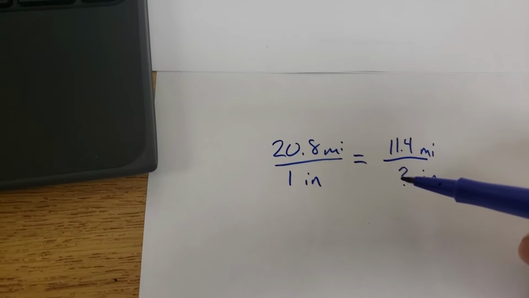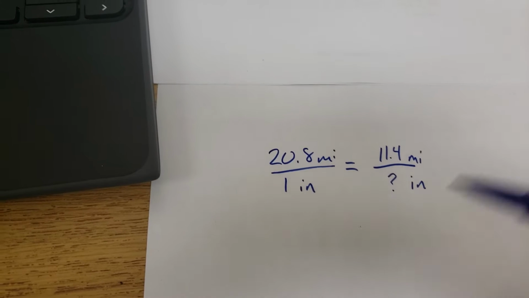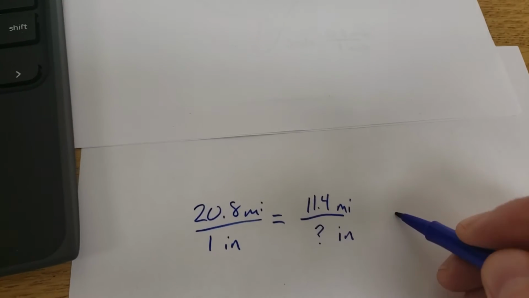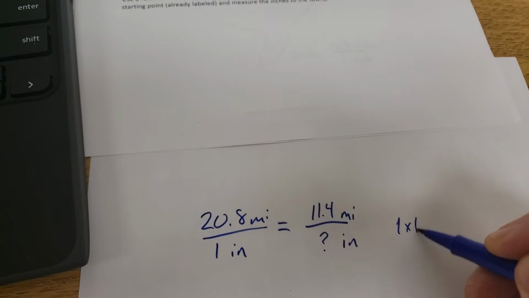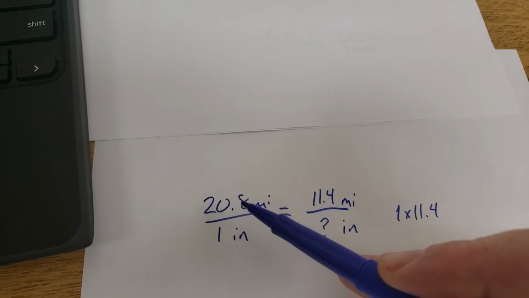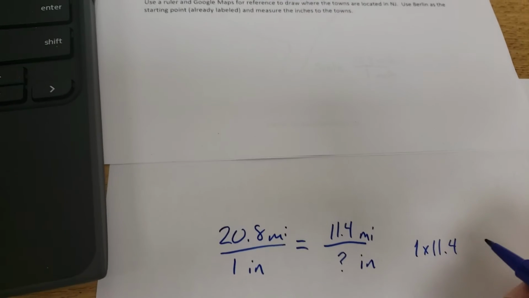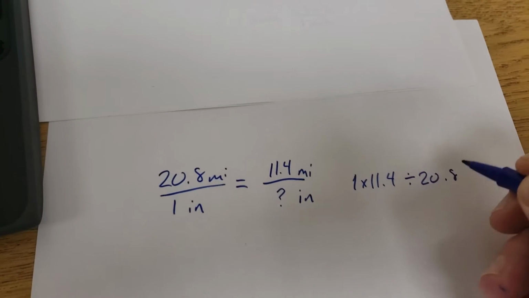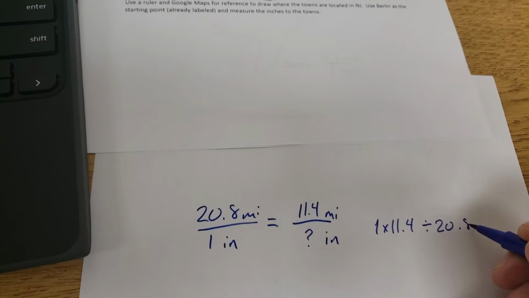So to find the missing inches, we have to do our algorithm. Cross multiply 1 times 11.4, and then we divide by the third number of our proportion here, which is the 20.8. To make things go faster in class, I said you can use the calculator for this.